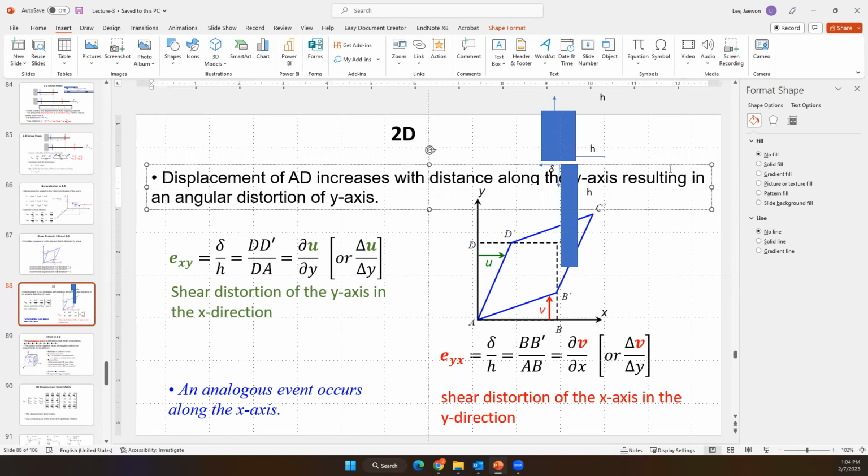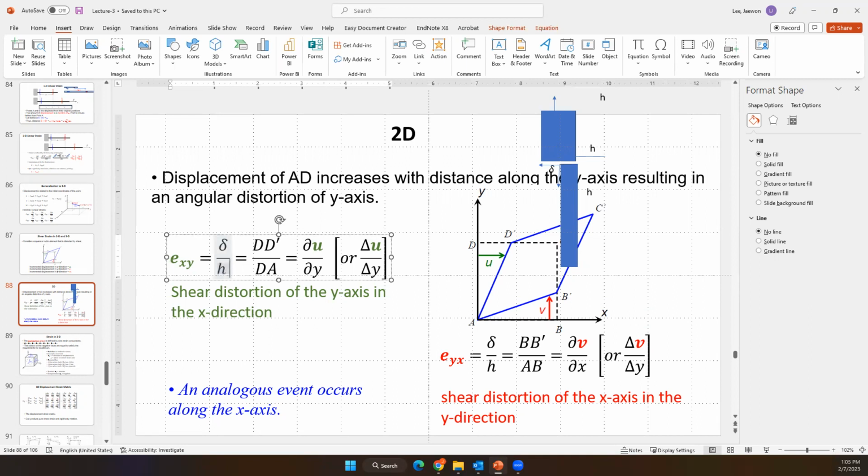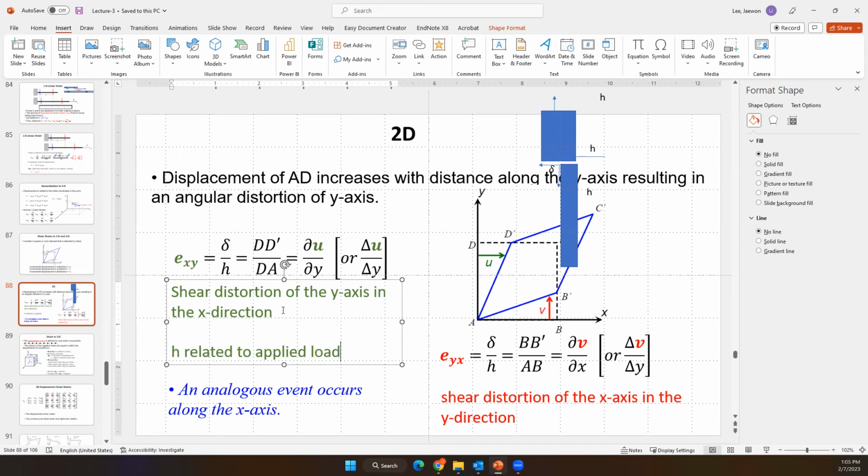This one. Do you understand? So the delta is the horizontal change, and the H is vertical. Oh no. H is related to the direction of the applied original length of the load or force direction.